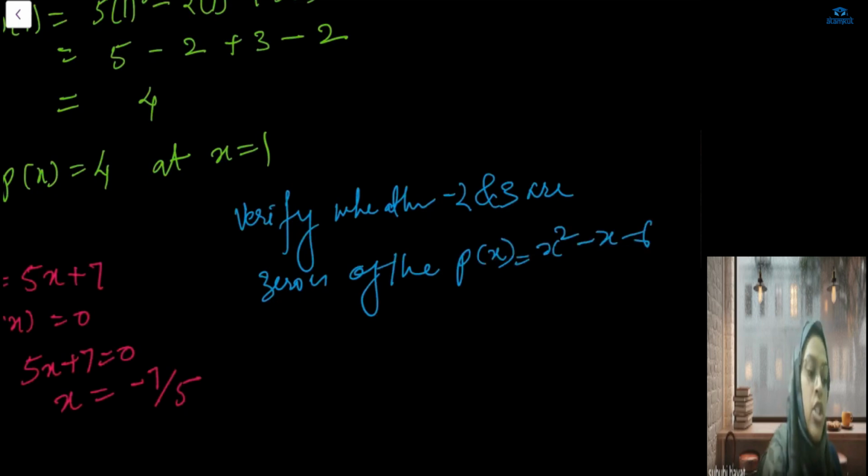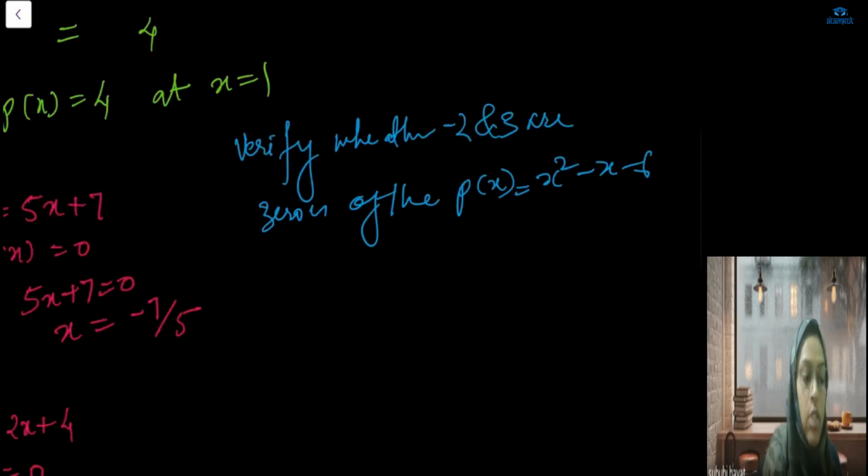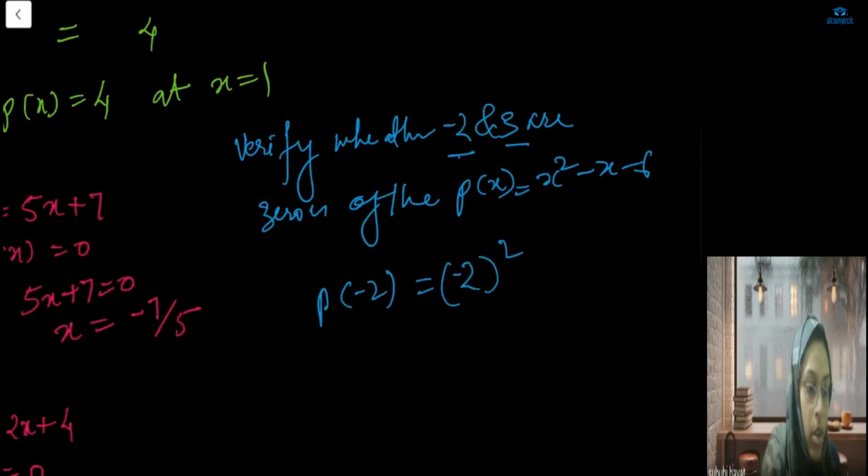Now, if you need to check whether minus 2 and 3 are the zeros of the polynomial or not, how are you going to check? You are going to put p(minus 2), and if it makes the whole expression 0, then it will be a zero of the polynomial.